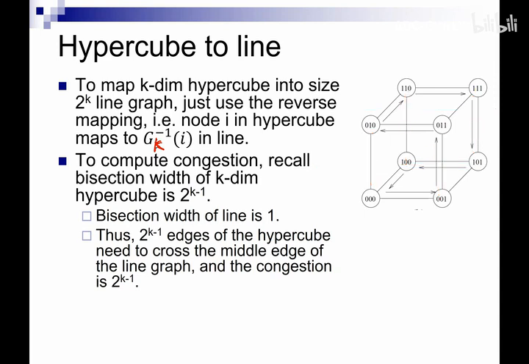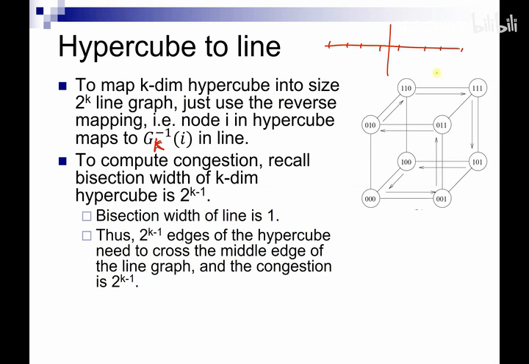Now, on the other hand, if you look at the bisection width of the line, if you have many nodes over here, that's just going to be 1, because if you bisect this line, you cut only a single edge. So if you look at the top half of the nodes in the hypercube and how they cross into the bottom half, there are 2 to the k minus 1 connections from the top half to the bottom half in the hypercube, but for the line graph, there's just 1 edge.